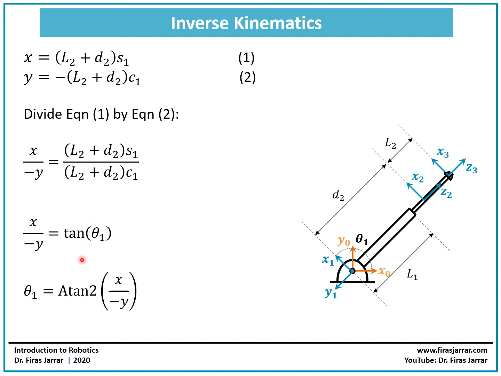From this expression, we can find the value for θ1, and it turns out to be atan2 of (−x, y), which is the tan inverse. We agreed before that atan2 is a MATLAB function that gives you the tan inverse and it gives you exactly in which quadrant it is going to be.